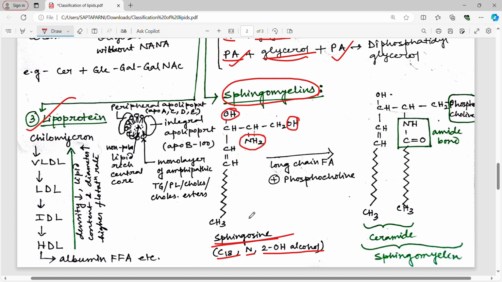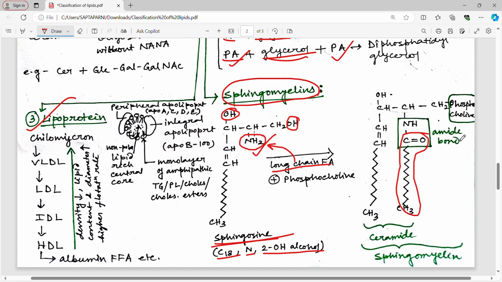When this sphingosine, this C18 alcohol, reacts with a long chain fatty acid, this is the fatty acid, CH3 and whatever the backbone, and here COOH, they form a CONH bond, an amide bond, reacting with this NH2 group. Water is liberated and an amide bond is formed here.